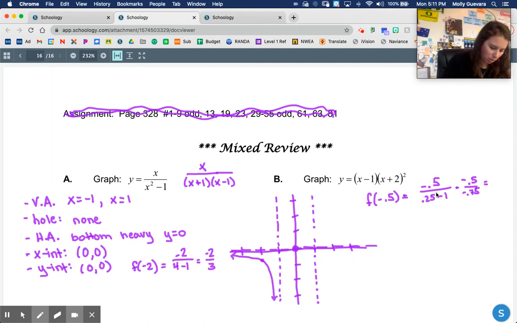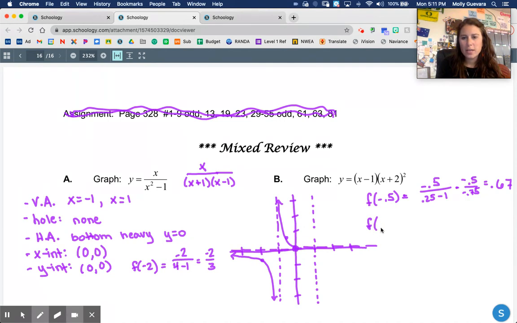And let's just do this real quick. -0.5 divided by -0.75 is 0.67-ish. Positive, because it's negative over negative. So at -0.5, I'm at like 0.67, which is there. So I know that this part is going up, like so.